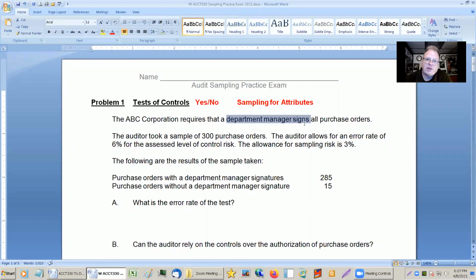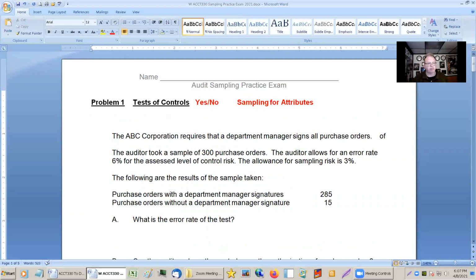You're simply testing whether they have the controls in place that you can rely on. Well, what's the objective of testing controls? Let's make this into a sentence.